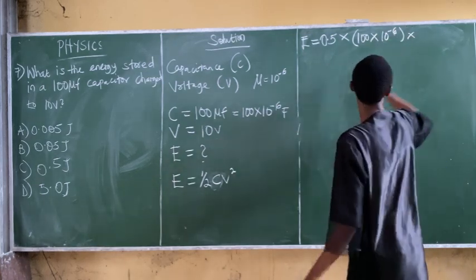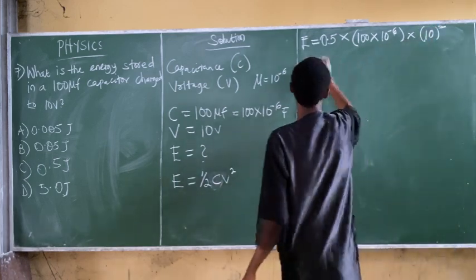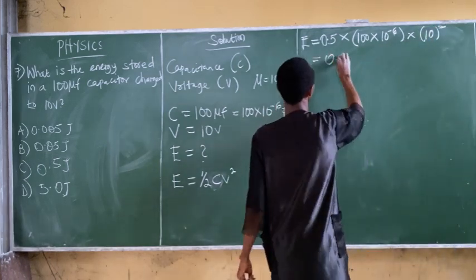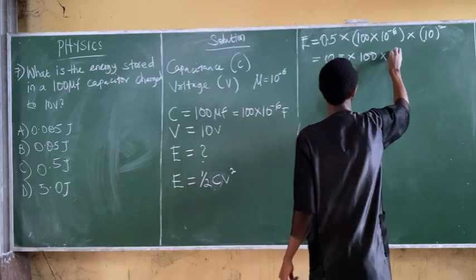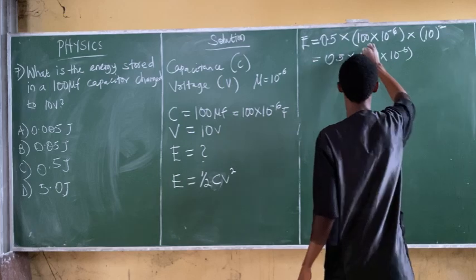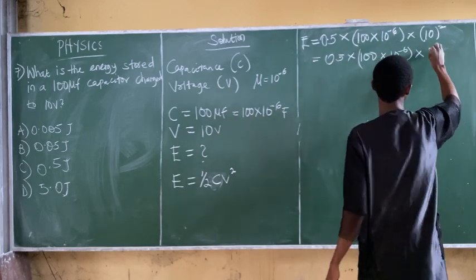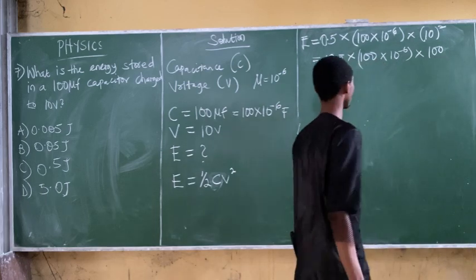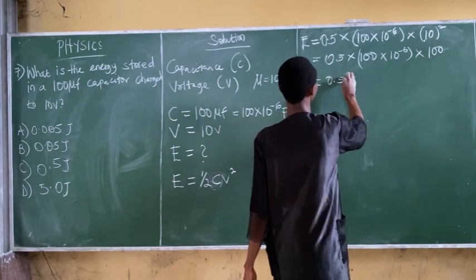This V is 10, all squared. This is 0.5 times 100 times 10 raised to the power minus 6 times 10 squared, which is 10 times 10, which is 100. This is the same thing as 0.5 times.